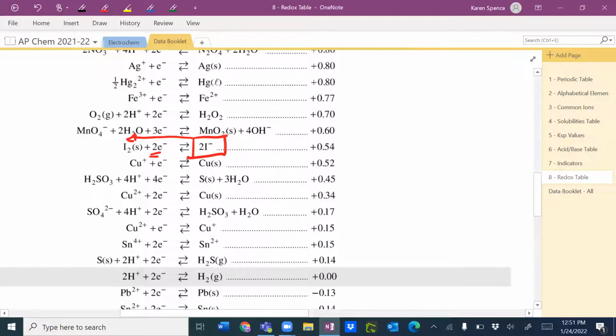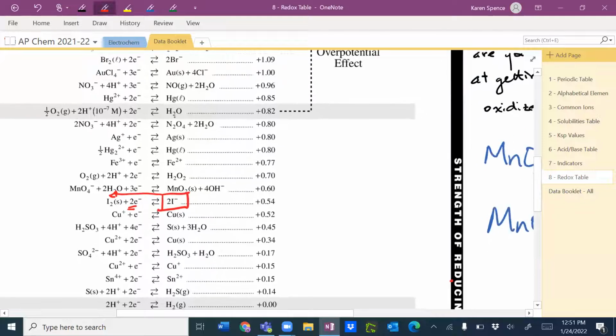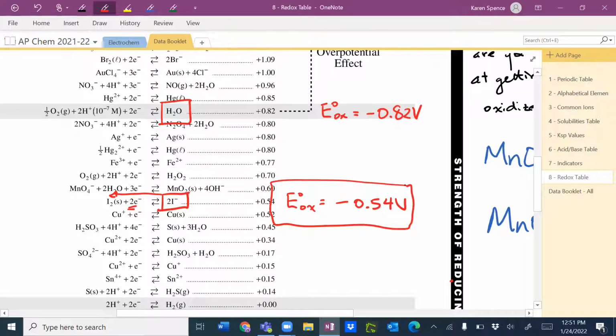And so let's now look at water getting oxidized. The oxidation potential of iodide is negative 0.54 volts because we changed the sign. And the oxidation potential of water is negative 0.82 volts because we changed the sign. So iodide is better at getting oxidized. So iodide is the winner.